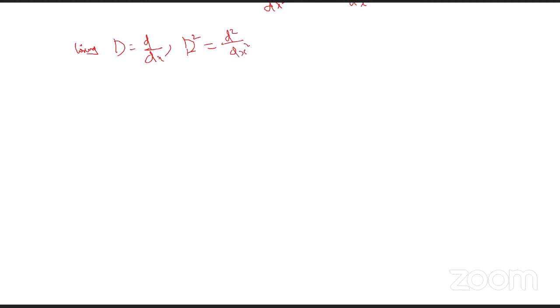Equation 1 becomes D square y plus a1 Dy plus a2 y equal to 0.